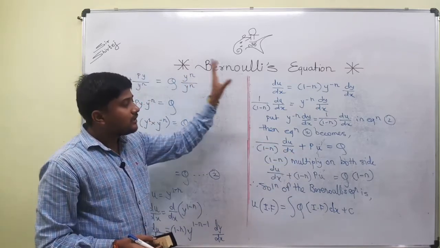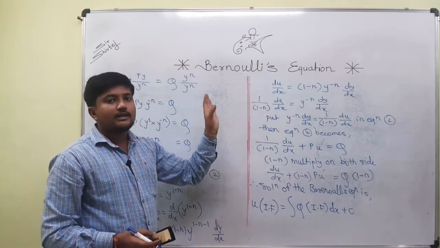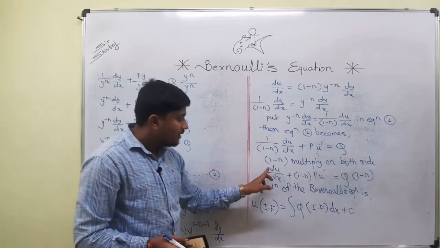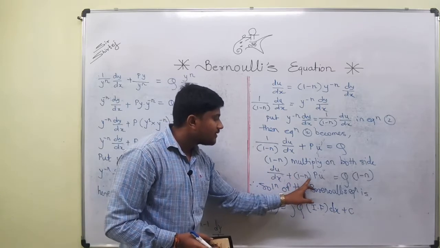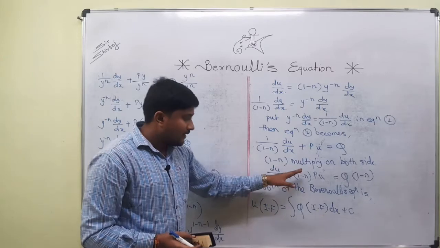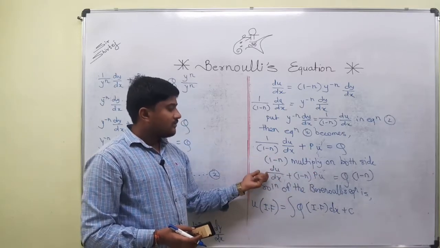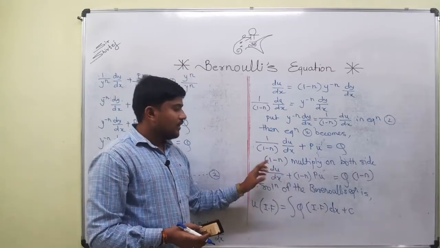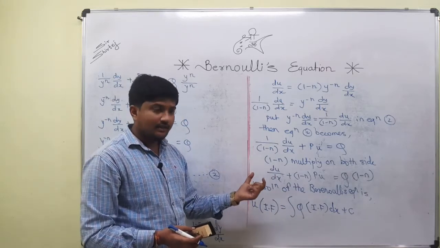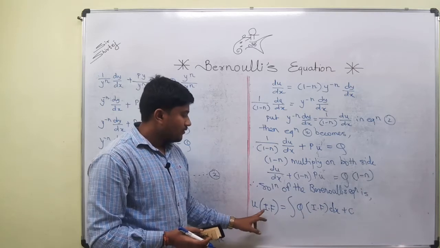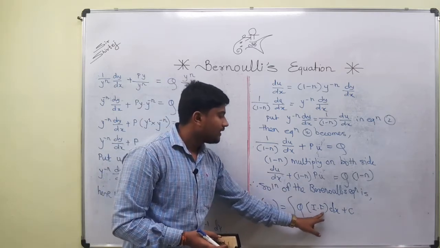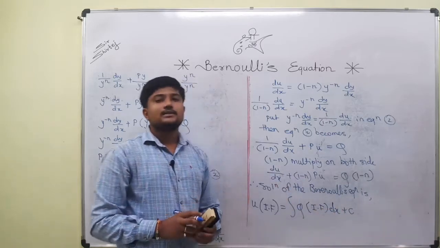Firstly we take the Bernoulli's equation dy by dx plus py is equal to q into y raised to n, then it becomes du by dx plus 1 minus n into pu is equal to q into 1 minus n in that form, and that is the linear differential equation in the dependent variable u, and it has the solution as LDE, which is u into integrating factor is equal to integral of q into integrating factor dx plus c.